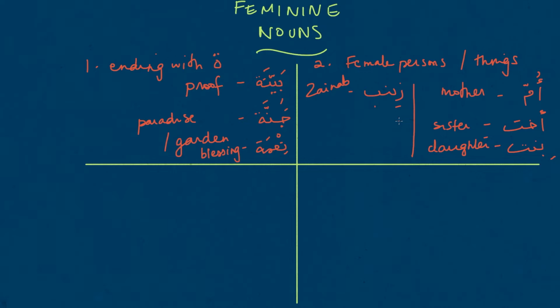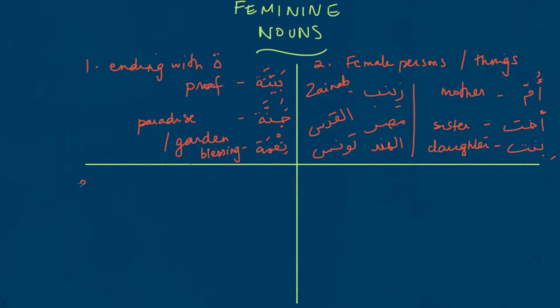We have the names of places like Misr, Egypt. We have Al-Hind. We have Tunis. We have Al-Quds, Palestine. So all these places and names are considered as feminine.